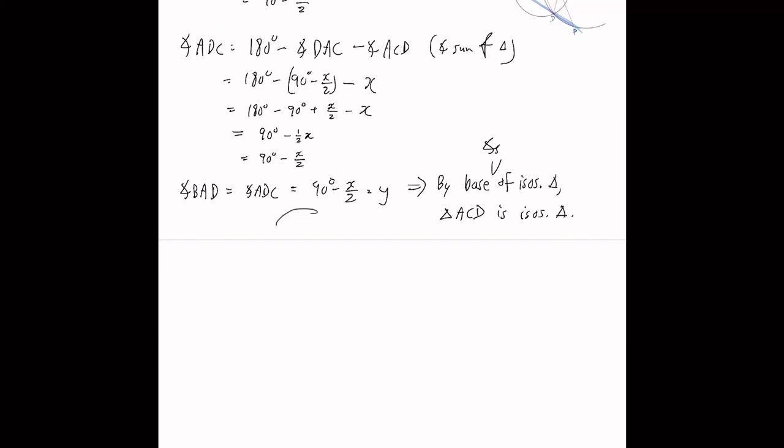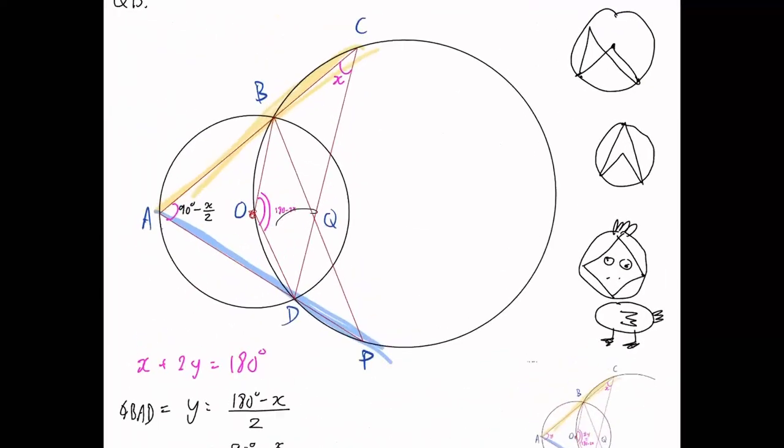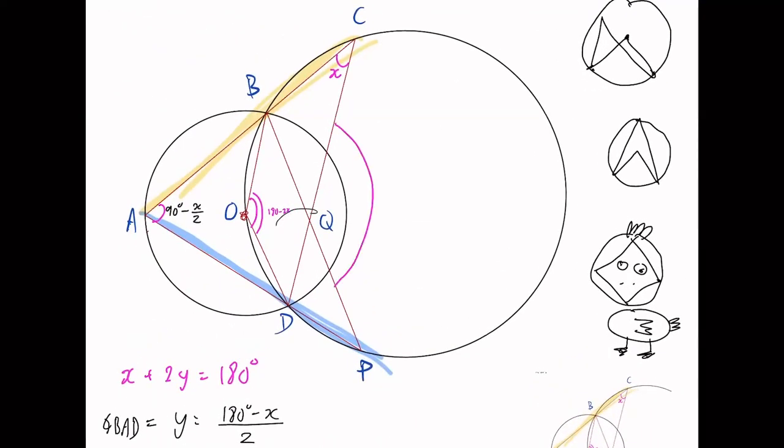Okay, good. Now finally for part 3, PQC plus 3 times BAD equals to 360 degrees. Let me just label the diagram first. PQC, so I need this angle here. What else? We need 3 times of BAD, 3 times of that guy. Okay, fine. Since we already got 90 degrees minus x over 2, we got 3 times in front.